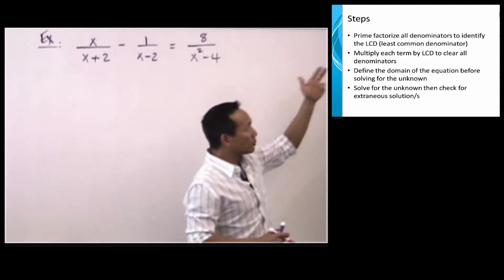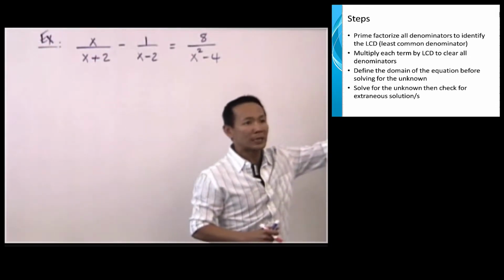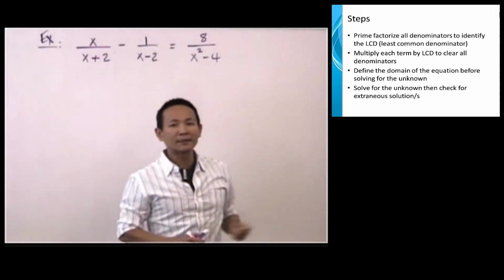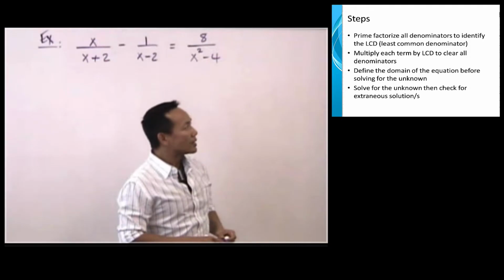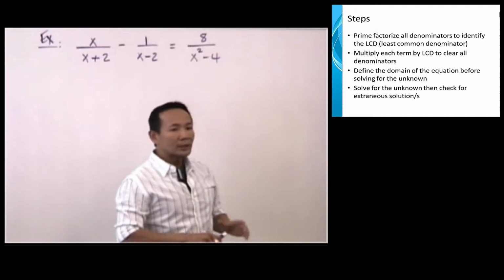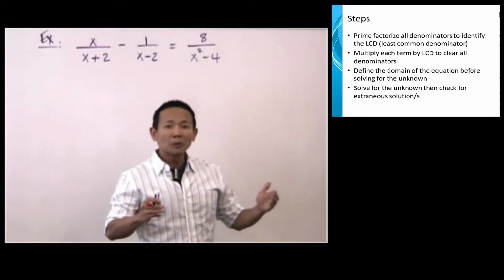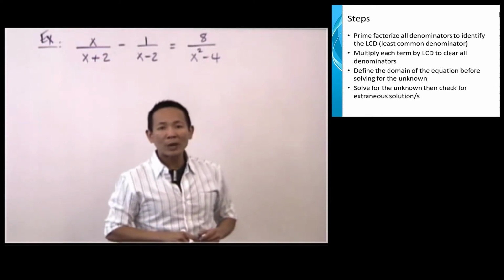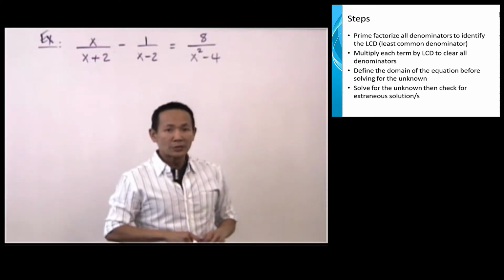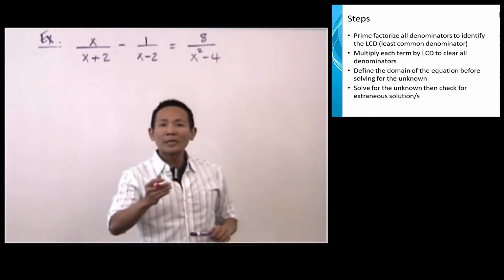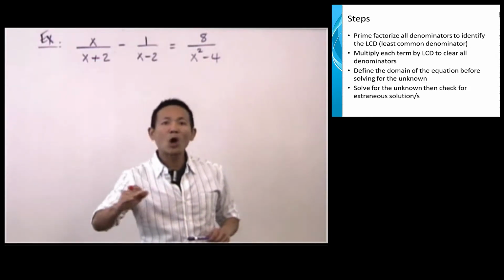So the first step, prime factorize all the denominators so you can identify the LCD. And the second step, you want to clear all the denominators, so we multiply each term of the equation by the LCD. So we divide all the denominators out. We clear them all out.